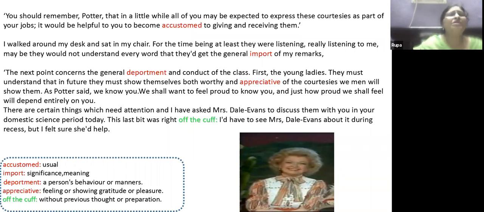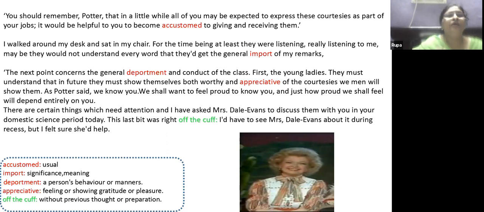They must understand that in future they must show themselves both worthy and appreciative of the courtesies we men will show them. So here, what point did he make? He made a point that the young ladies will be addressed as Miss.